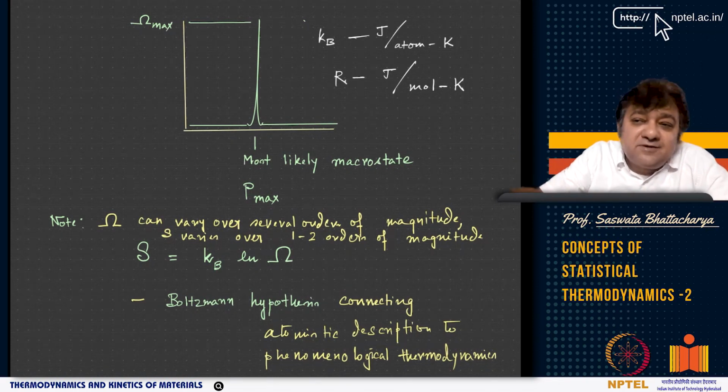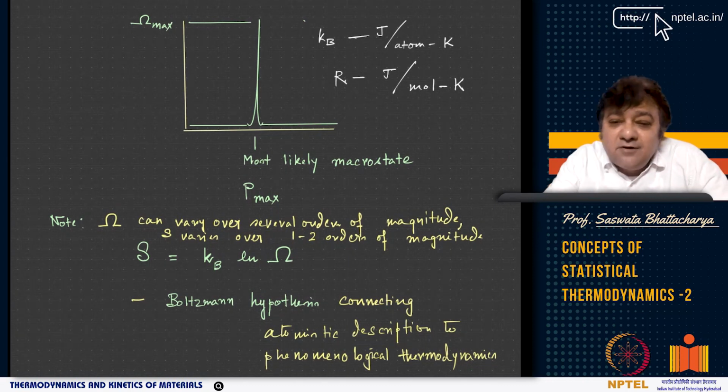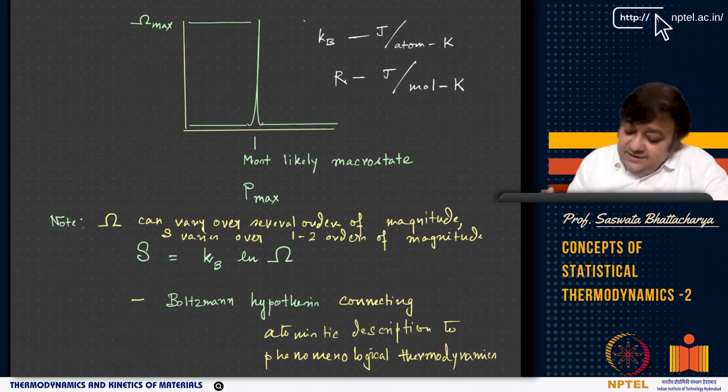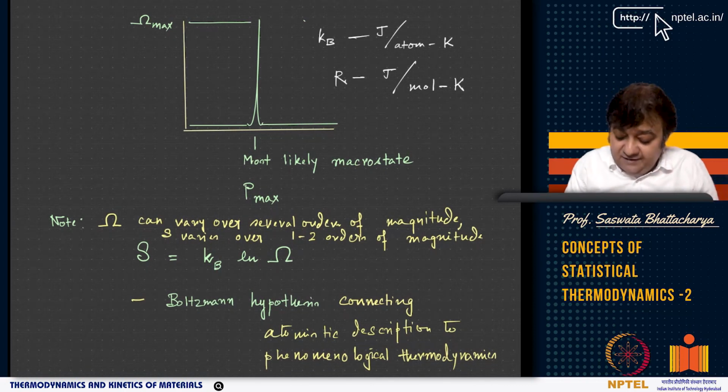We can measure the volume of a system using the dimensions of a container, and we can measure its temperature. This macroscopic description is connected by Boltzmann to the number of configurations of particles in large systems. So this is a very important hypothesis or law, S equals k_B ln omega.